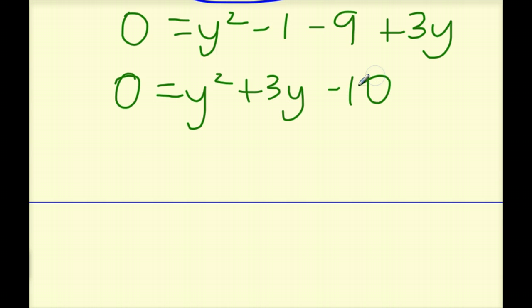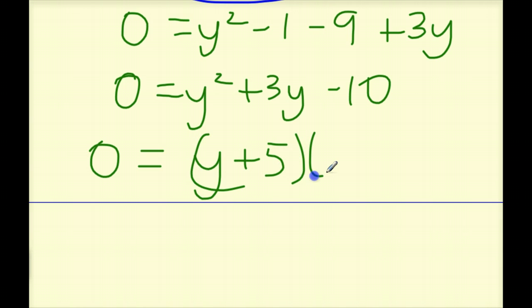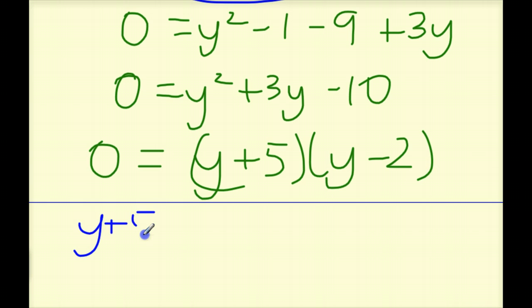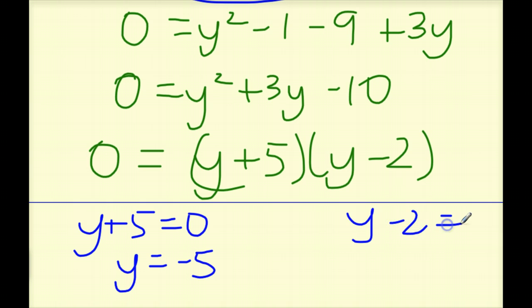And if I combine my like terms and write all these in order, I get y squared plus 3y minus 10. And just like our problems in the past, I'm going to factor this. So if I factor this, I get y plus 5 times y minus 2. And I'll set both of these equal to 0, so y plus 5 equals 0 is y equals negative 5, and y minus 2 equals 0 is y equals 2.